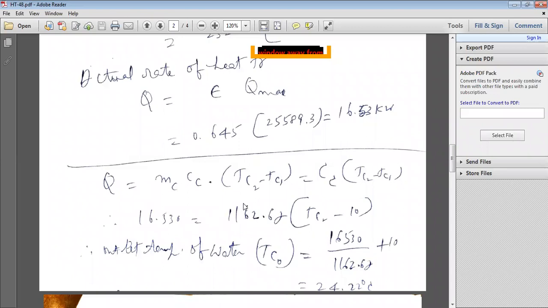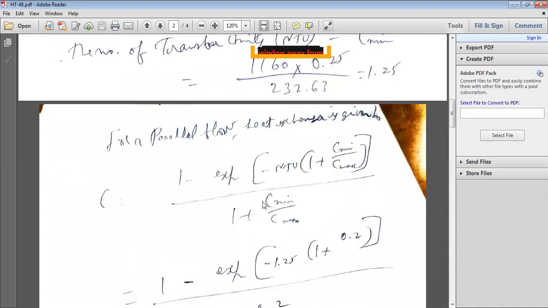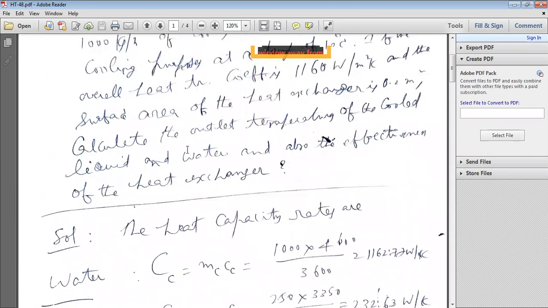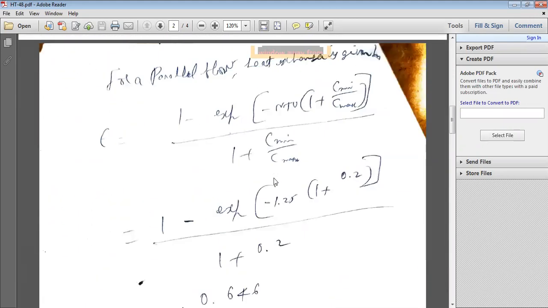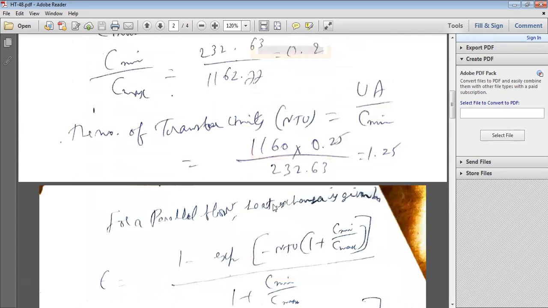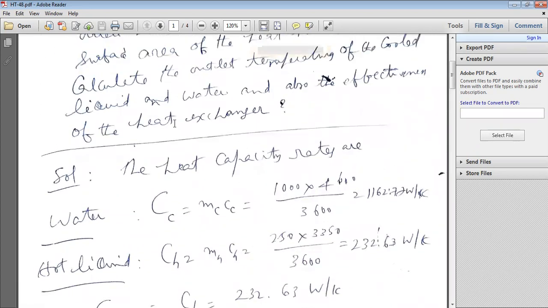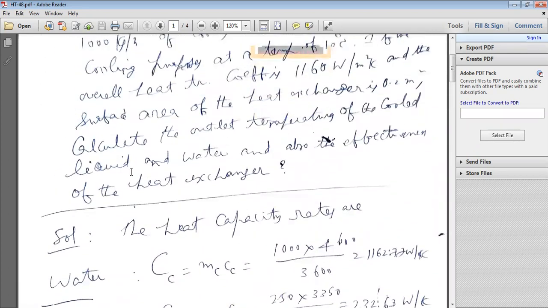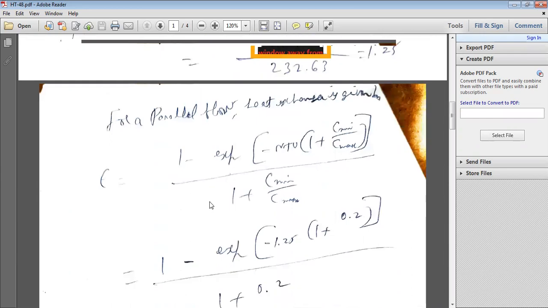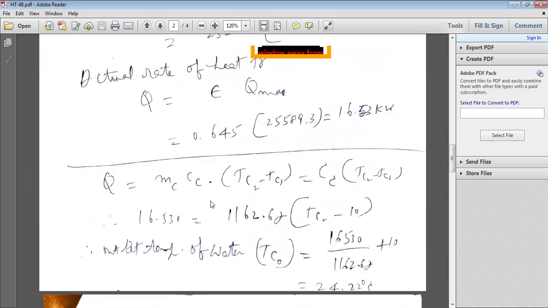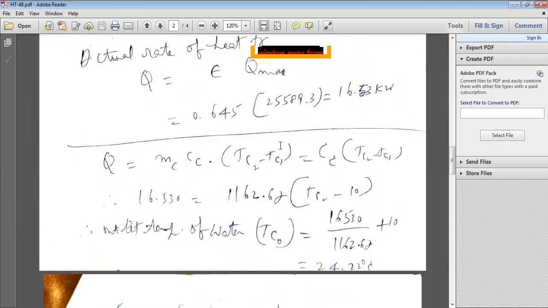Now, what do we have to calculate first? The effectiveness is already calculated, 0.646, and you have to calculate the outlet temperatures of the cold liquid, the cooling water, and the hot liquid. First we will calculate the outlet temperature of the cooling water. How do you calculate the actual heat transfer rate?